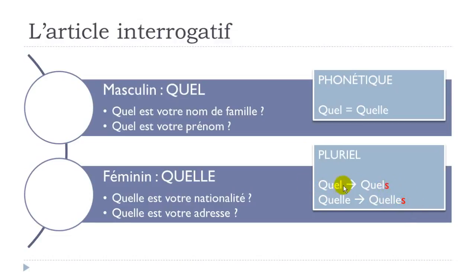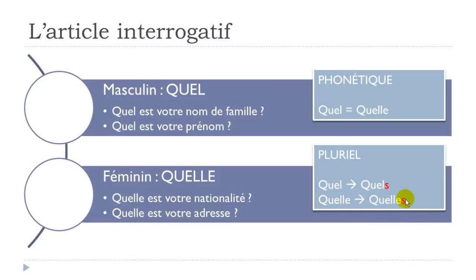So quel for the masculine singular will become quels, masculine plural. Quelle, feminine singular, will become quelles with the S, feminine plural. And the good news is that you will pronounce them the same way. Quel, quelle, quels, and quelles.